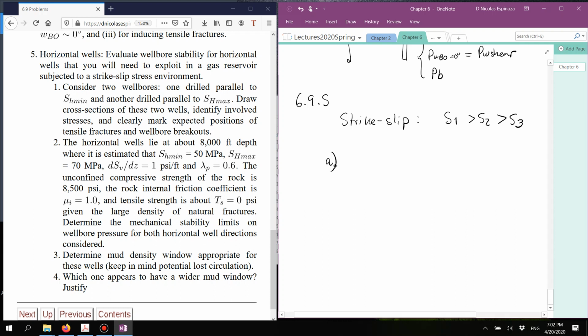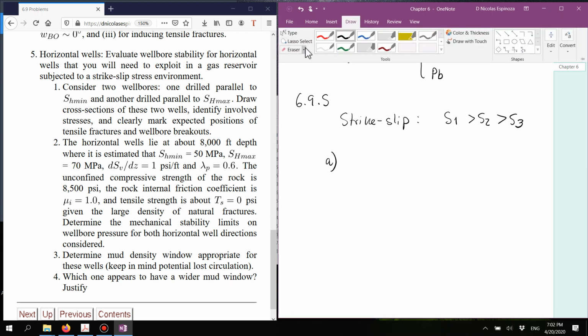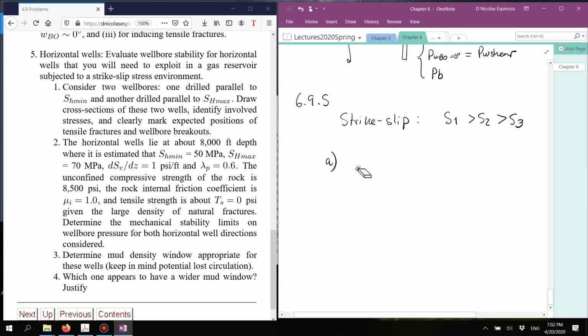So part A, it's a wellbore drilled in the direction of SH max. So let me clarify that that's going to be a horizontal wellbore. So here you have a horizontal well in the direction of SH min, or parallel to SH min.